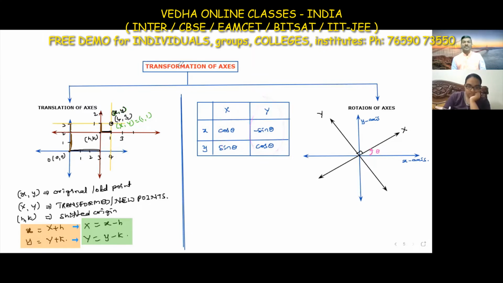So if I want small x, it is capital X into cos theta minus capital Y into sin theta. If I want the small y value, take the small y row: small y is equal to capital X into sin theta plus capital Y into cos theta.